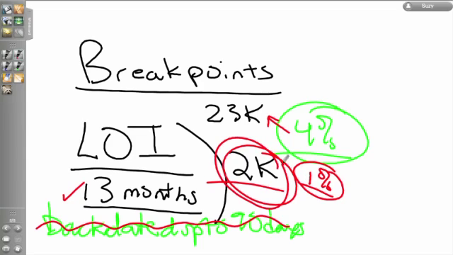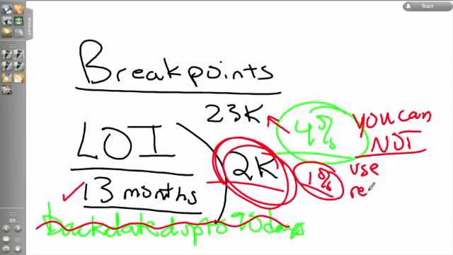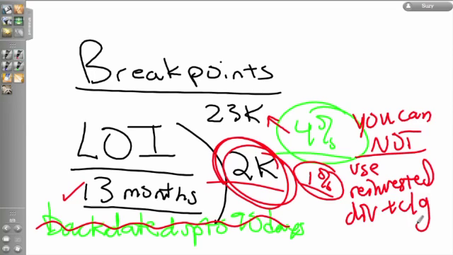And then there's this idea that the money that goes to fulfill the letter of intent must be new investment dollars. You cannot use reinvested dividends and capital gains to fulfill a letter of intent, and I'll show you why.